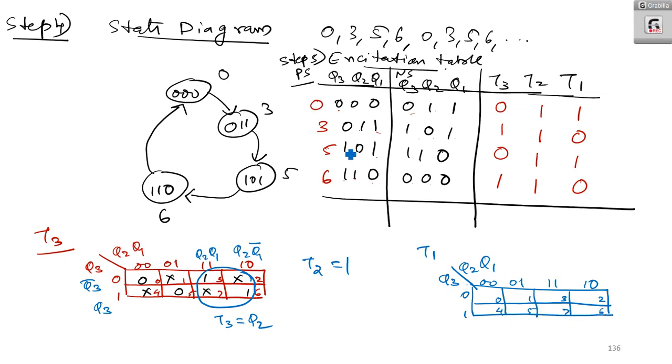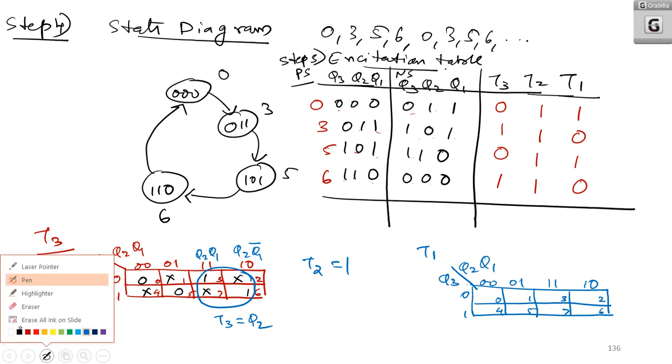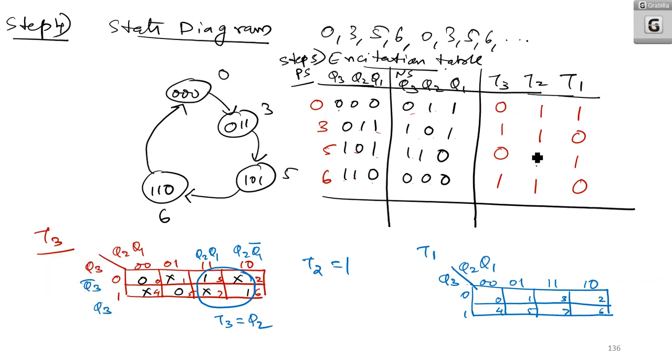When it is 0, T1 is 1. At 3 it is 0. At 5 it is 1. At 6 it is 0. All others are don't care.